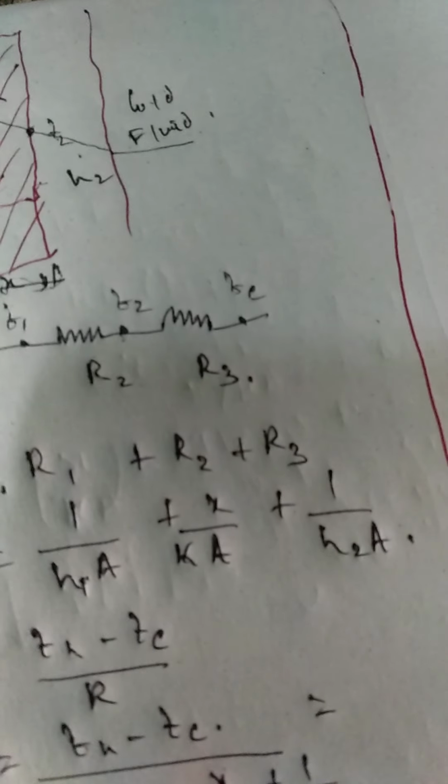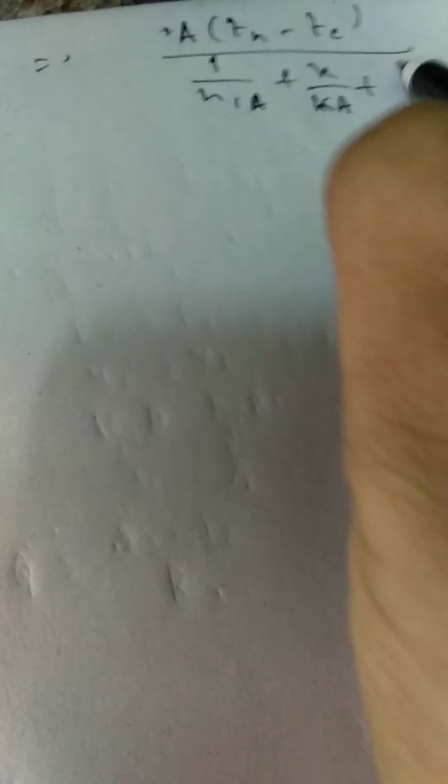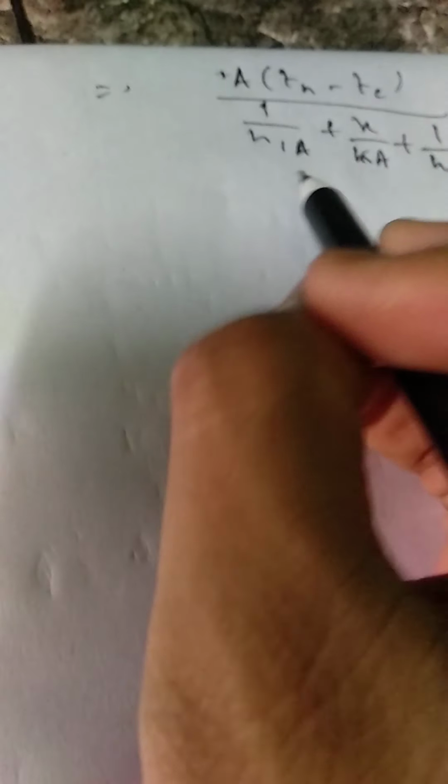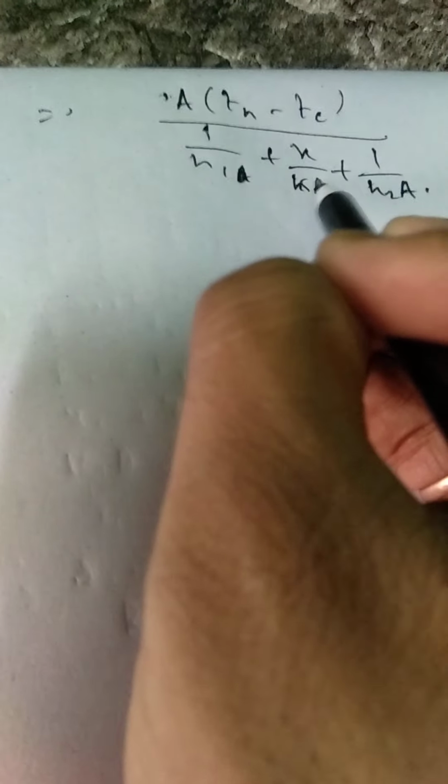See, this A is common, so A into Th minus Tc by 1 by H1A plus x by KA plus 1 by H2A. Sorry, this A has already gone up, so this A will not be there: 1 by H1 plus x by K plus 1 by H2.